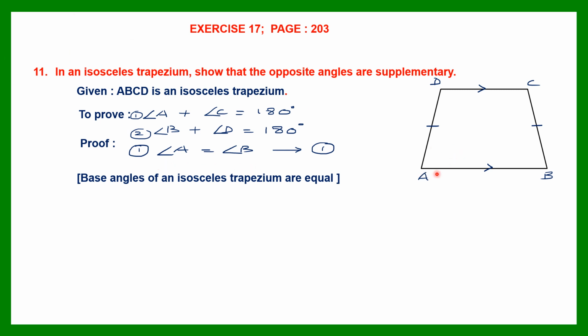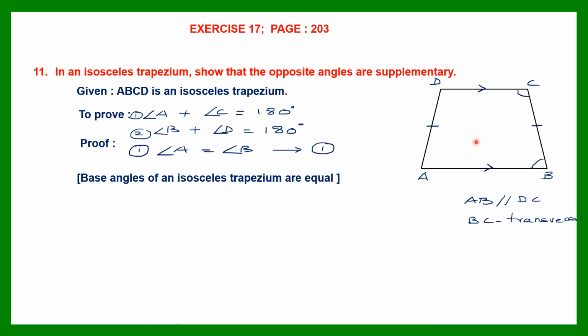Now let's look at these two parallel lines. Here AB we know is parallel to DC. Now if we take BC as the transversal, then these two angles, that is angle C and angle B, will be co-interior angles, isn't it? So let me explain that once again.